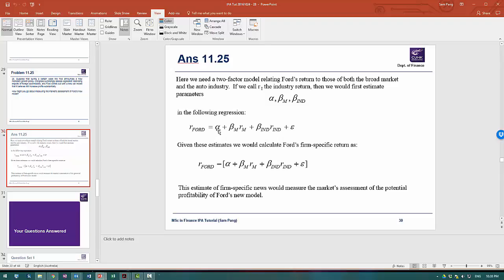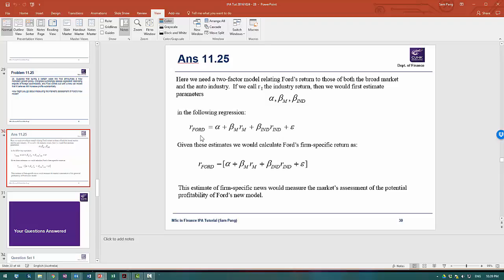Okay, now if before the announcement Ford was just a good old-fashioned boring car making company, then before the announcement, this formula should really be sufficient to characterize the return components of Ford, with alpha being probably quite close to zero.